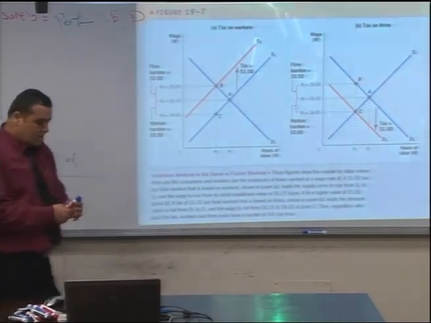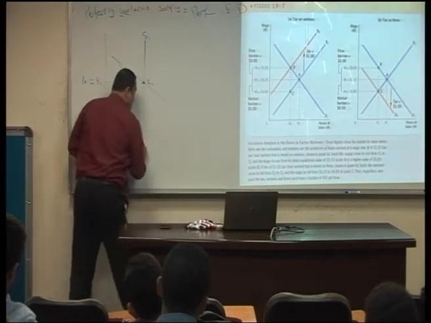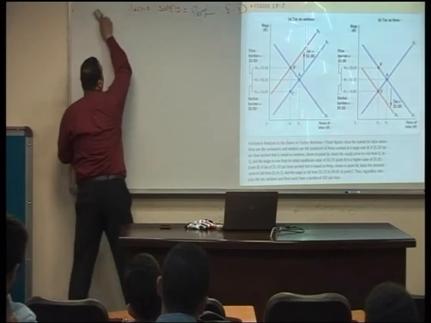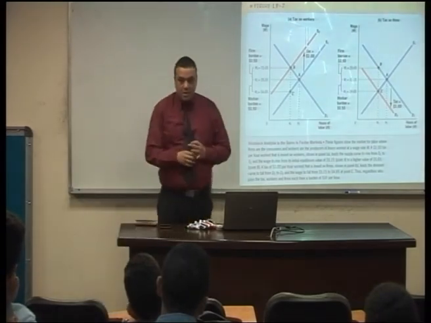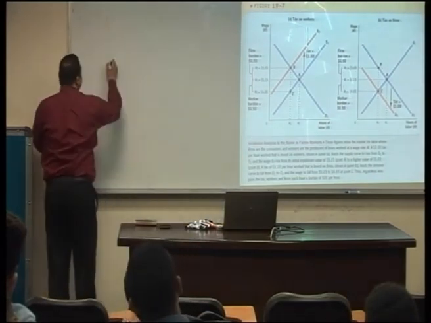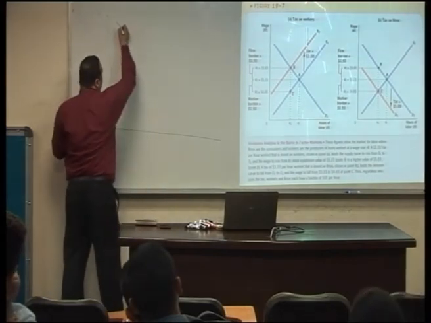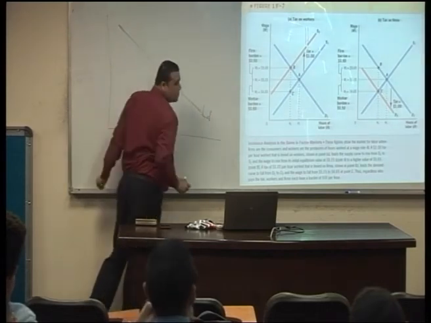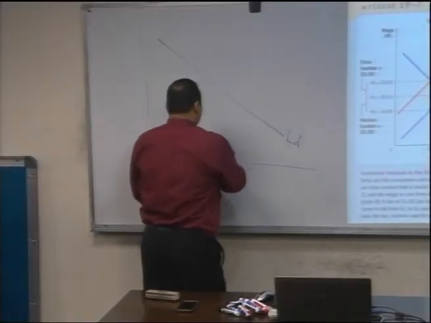When we study the labor market, we have two sides in the market: labor demand and labor supply. Labor demand is quite similar to the goods market, and labor supply.